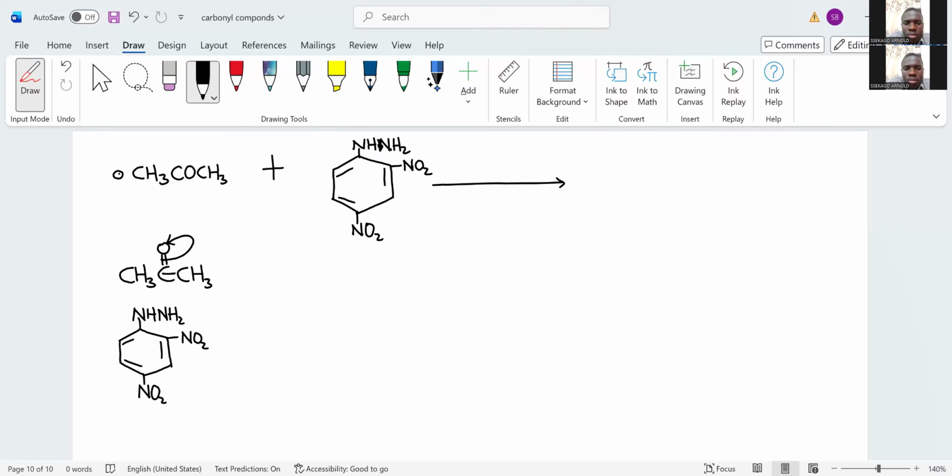Now, we use lone pairs of electrons on nitrogen. Note that this nitrogen that has 2 hydrogens, if you use lone pairs of electrons on that nitrogen in red, you outline a wrong reaction mechanism. Electrons on that nitrogen in red are not readily available for protonation.